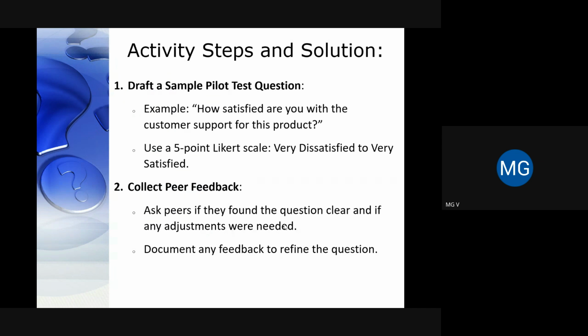So for pilot testing, we do not only go for peers, we also go to experts. Like one is your guide, one or two maybe industry experts, or a few persons may be the respondents, right? Maybe 25% you can say or so, based on how much you can approach.